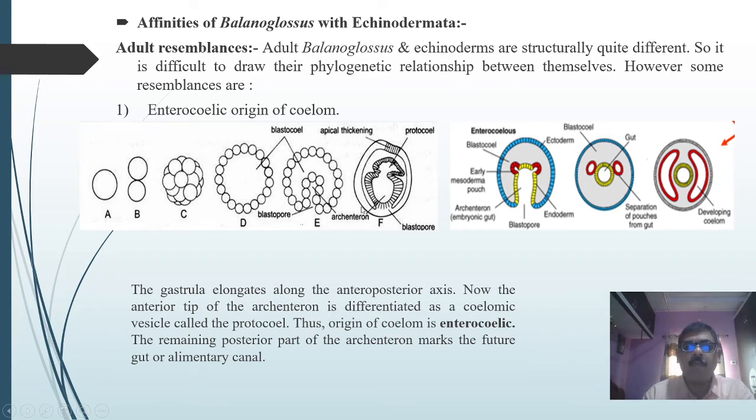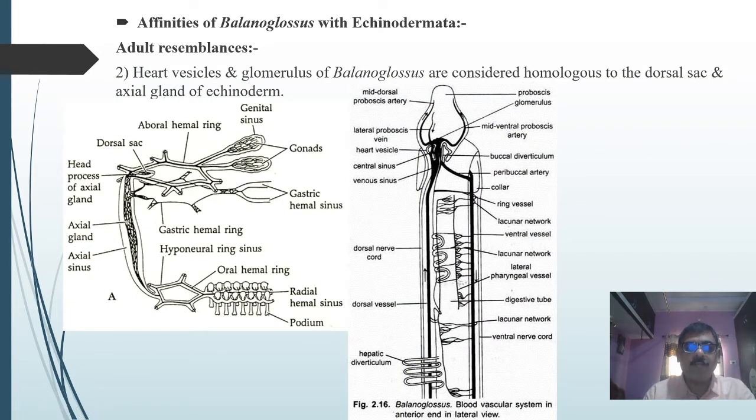Then the second affinity, or second similarity, in the adults of echinoderms and Balanoglossus is the heart vesicle and glomerulus of Balanoglossus. The heart vesicle and the glomerulus are present in the circulatory system.